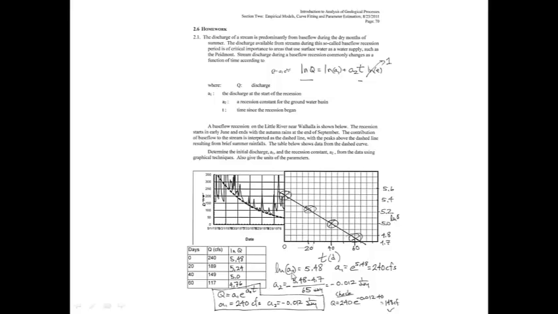The intercept is 5.48, and that's right there. The natural log of a1 is equal to 5.48, and we get that by recognizing that the intercept is that term right there. So the term that we're after, a1, is e to the 5.48, and that equals 240, and I put the units with that term, cubic feet per second. Okay, so there's one calculation.